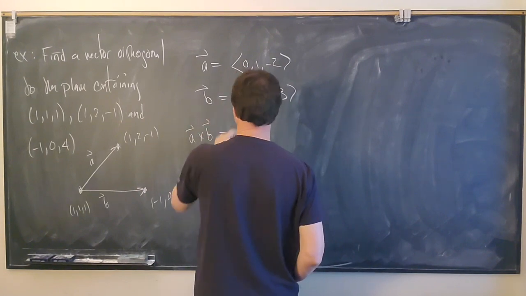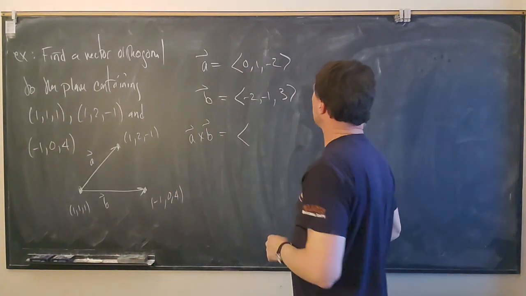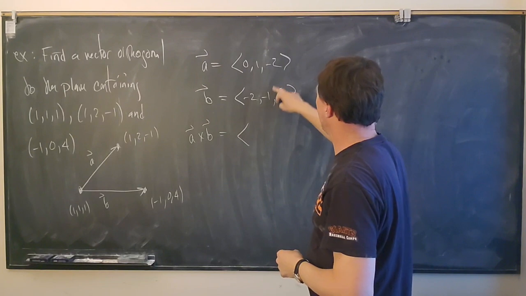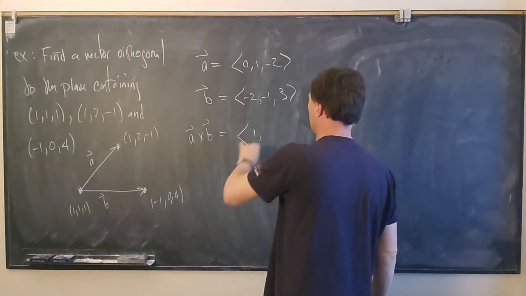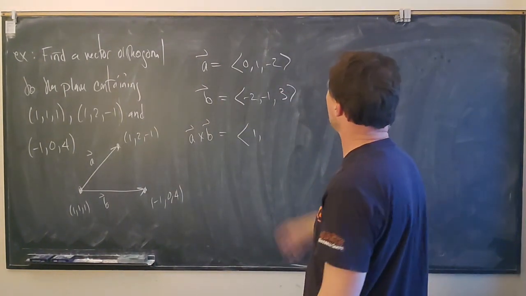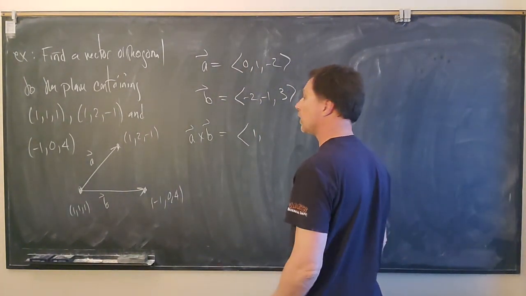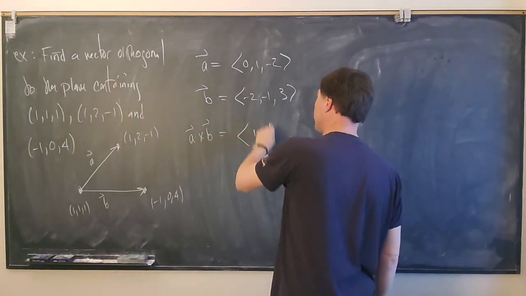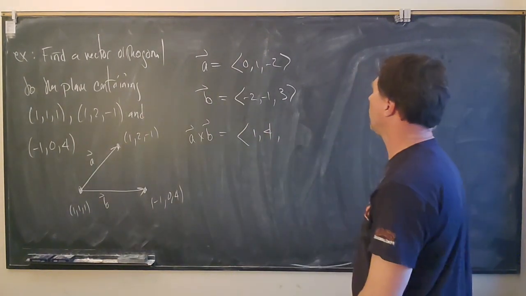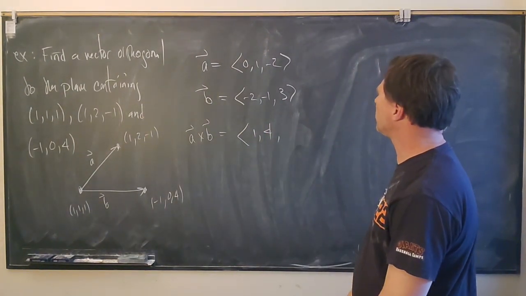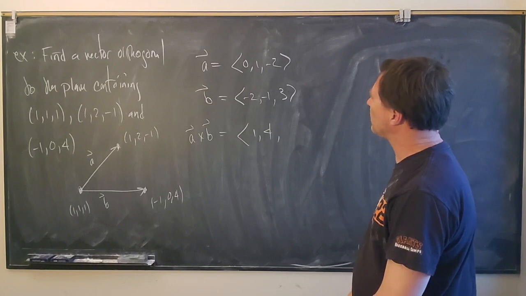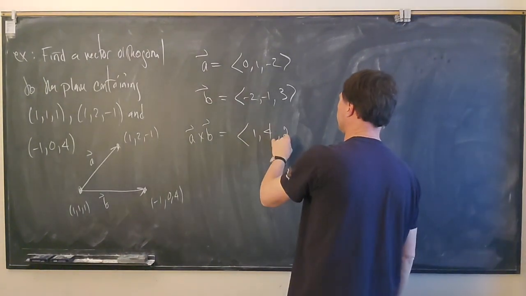So now A cross B, that's going to be 3 minus 2. That's 1. 0 minus 4 is negative 4, but remember to reverse the sign for the middle term. And then it'll be 0 minus negative 2, so it'll be positive 2.